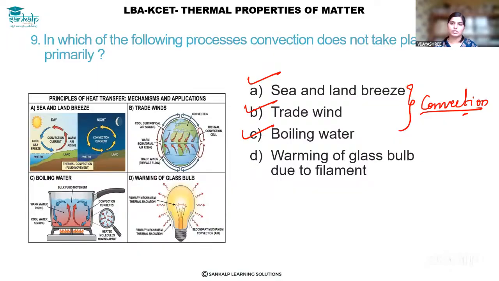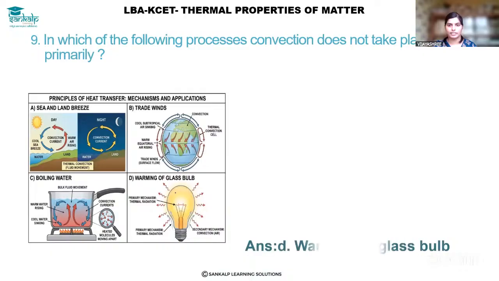So due to this glowing ಏನಾಗುತ್ತೆ, so it heats up the glass bulb. It heats up the glass bulb, and here conduction is through the gas. Conduction is mainly through gas. So the right answer here is option D, warming of glass bulb.